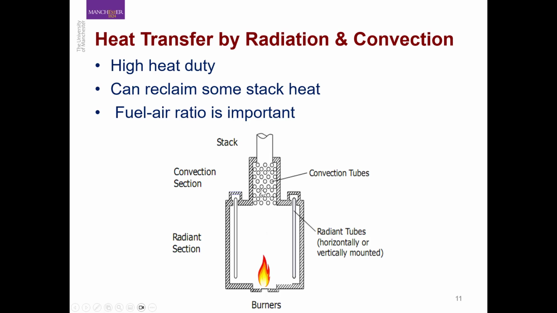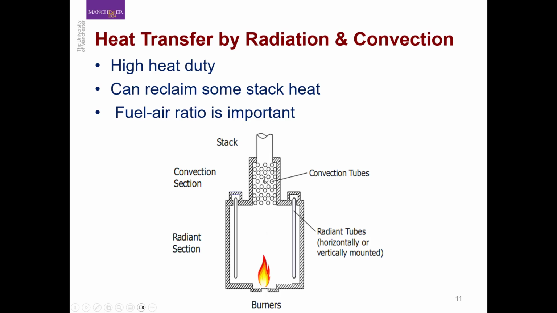Again, you have rows and rows of these tubes here that contain process fluid. For example, in this section, we have shock tubes where you provide heat to the process fluid, and after the first part of the convective section, you have fin tubes, where you are using the flue gas, and you cool the flue gas by transferring heat to the process fluid.